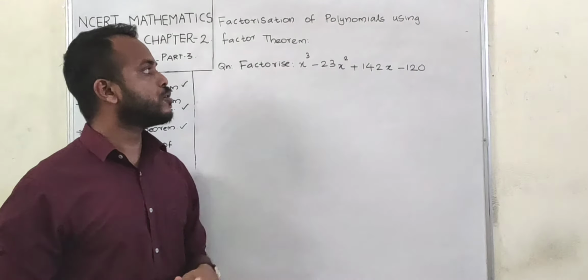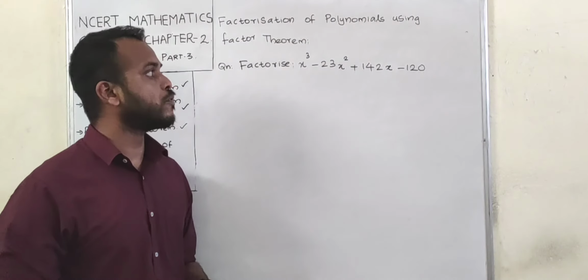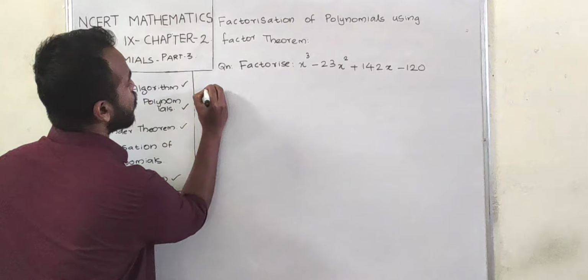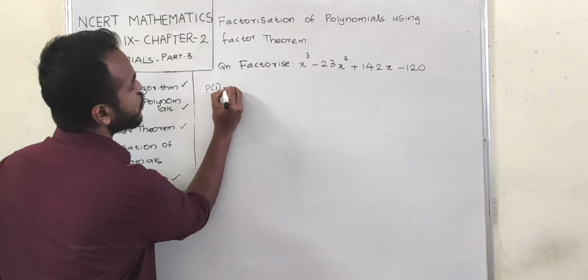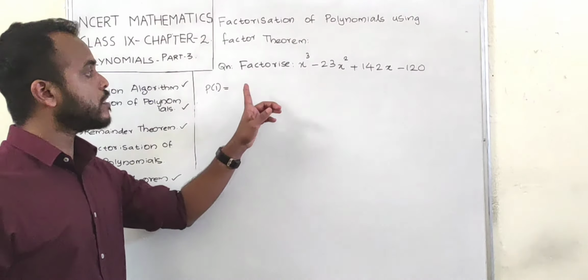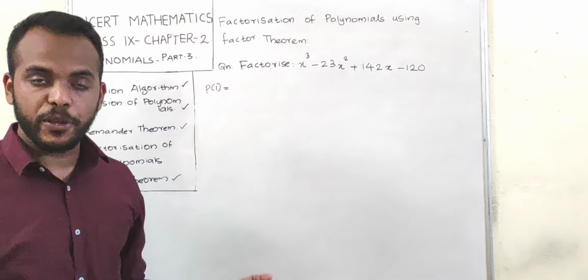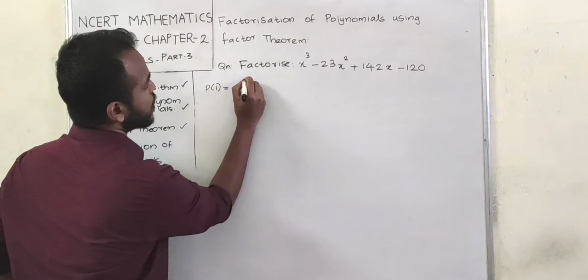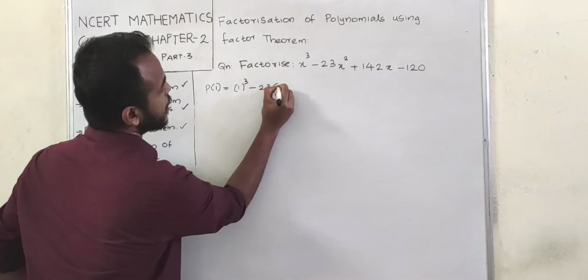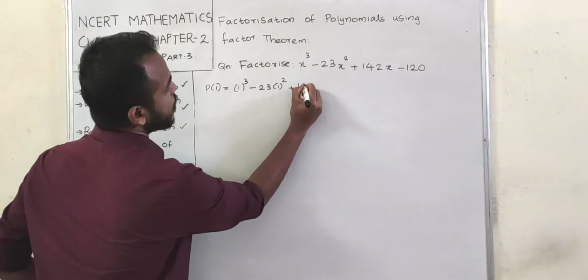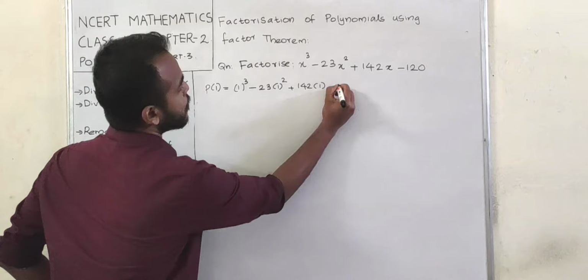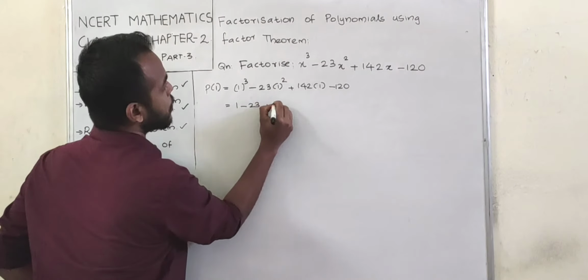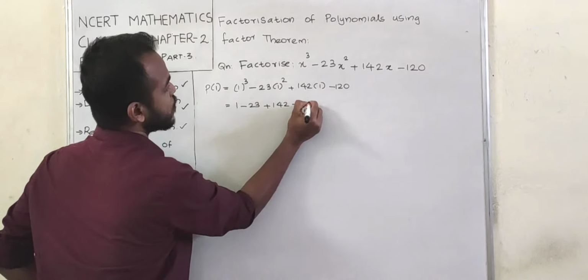Factorize x cube minus 23x square plus 142x minus 120. So first step, check for the first factor. How will you check for the first factor? Find the values of p of 1, p of minus 1, p of 2 and p of minus 2. So we can begin: 1 cube minus 23 into 1 square plus 142 into 1 minus 120. So 1 minus 23 plus 142 minus 120.